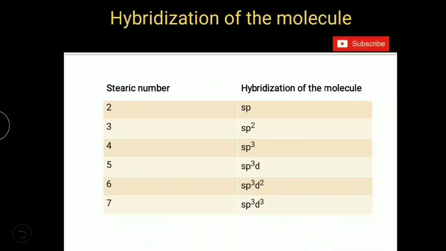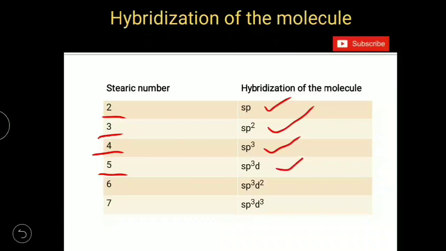Based on this steric number, you can find out the hybridization. If steric number is equal to 2, it means 2 hybrid orbitals are present. So hybridization is sp. If steric number is equal to 3, it means 3 hybrid orbitals are present. Means hybridization is sp2. Steric number 4, hybridization is sp3. Steric number 5, hybridization sp3d. Steric number 6, hybridization is sp3d2.